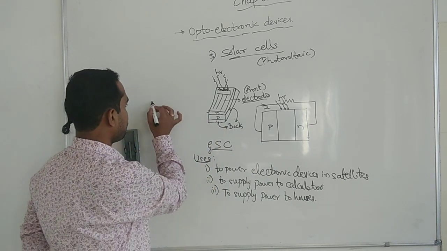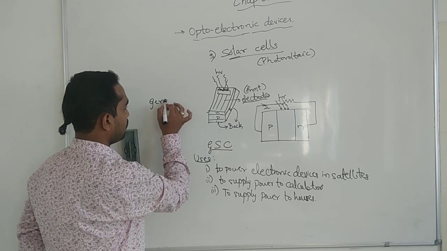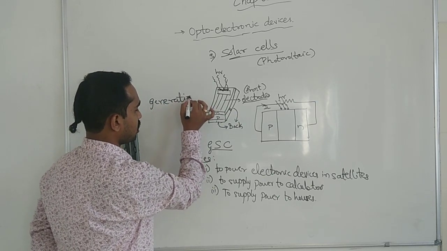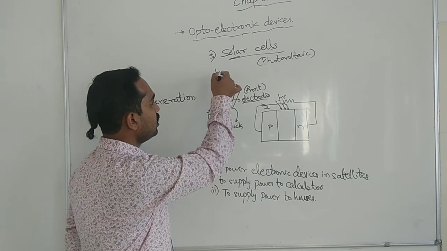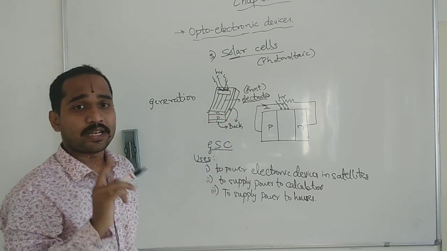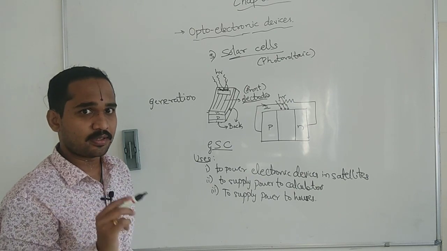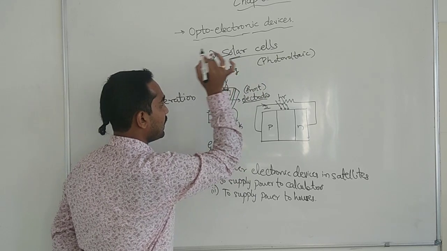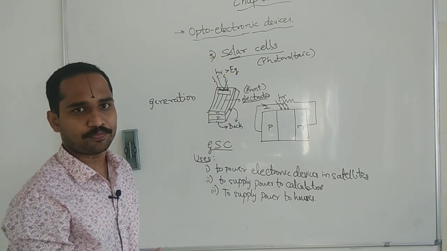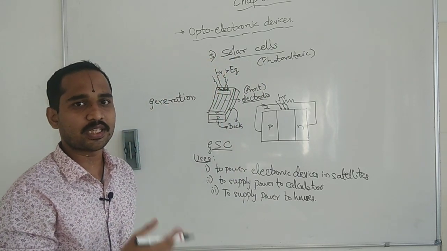The first step is generation. What is being generated? You all know. When the photon arrives, now remember everywhere, please remember this, your h nu should always be greater than the energy gap. Only then it will be generated.